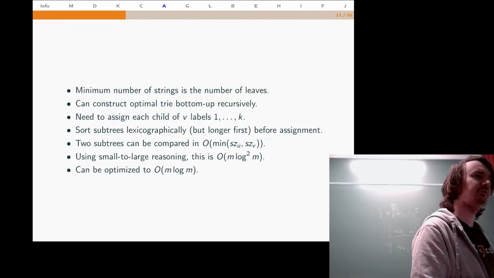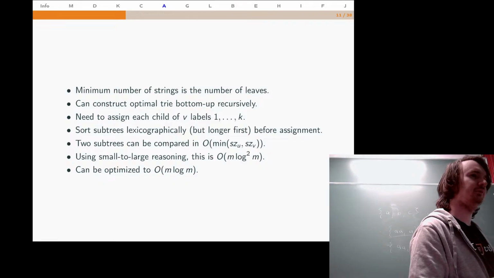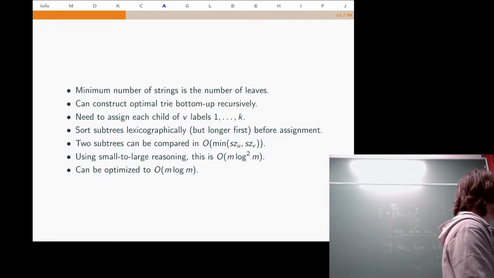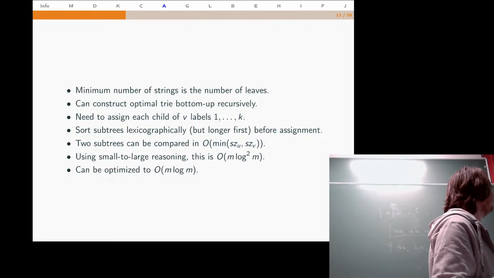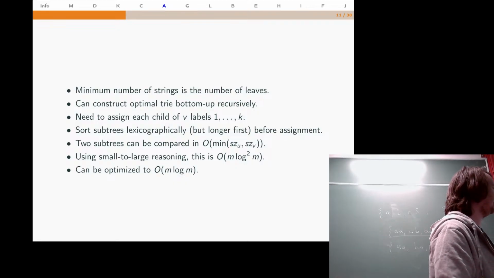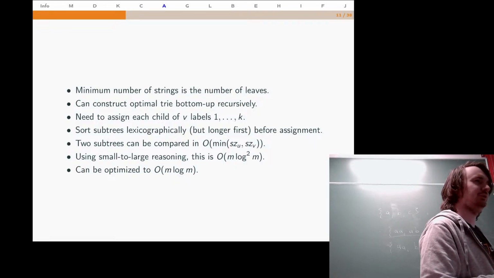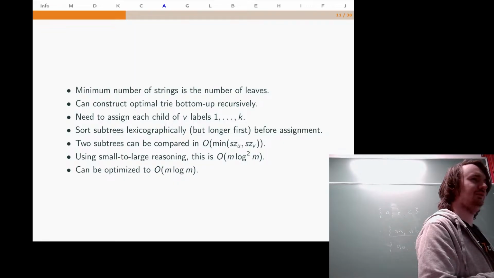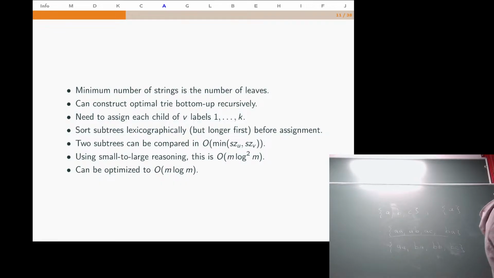Sorry? I'm not sure. Can you just write a comparator and use sort? Yeah, you reassign it as a comparator.